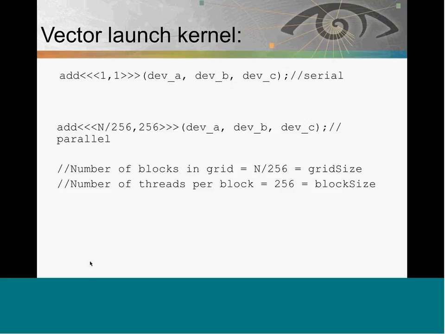So you see the blocks in grid equal n divided by 256, so that these two numbers multiplied should equal n. That is your size of vector. Run the grid size n by 256 and run with 256 thread block.